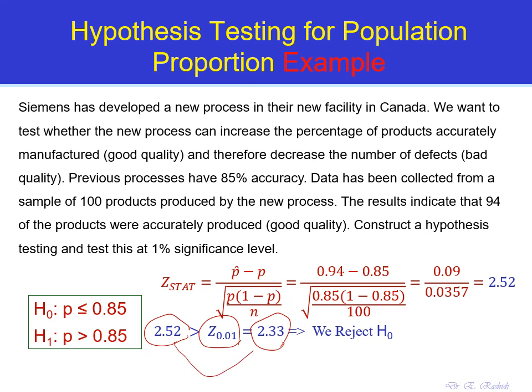That means that the value of the test statistic would fall in the rejection region. So we end up rejecting the null hypothesis. We're going to reject the null hypothesis in favor of the alternative hypothesis, meaning that the new facility has increased the rate of the accurately manufactured product.